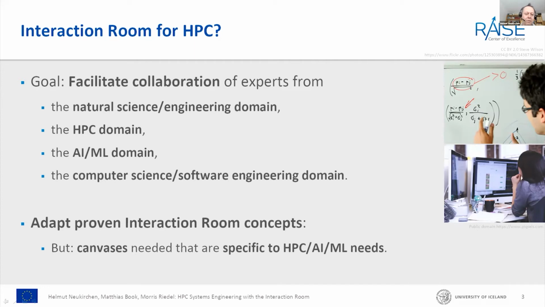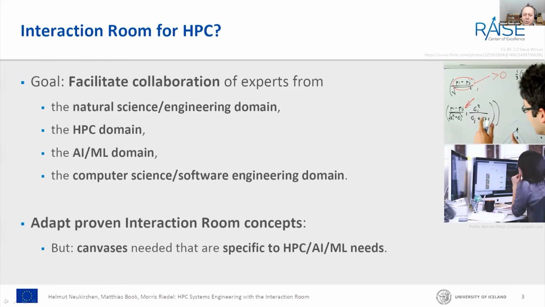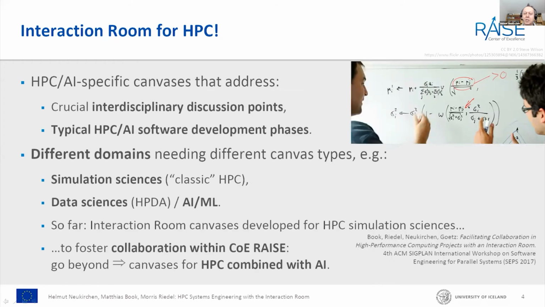However, of course, all the canvases that Matthias mentioned that are suitable for enterprise applications need to be adapted to the needs that are specific to HPC or AI or machine learning in general, or a combination of these. And then the idea is that suddenly these persons start talking together, as we have learned from the interaction room approach that Matthias presented. And the whole point, as you learned, of the interaction room is making people talk about critical issues.